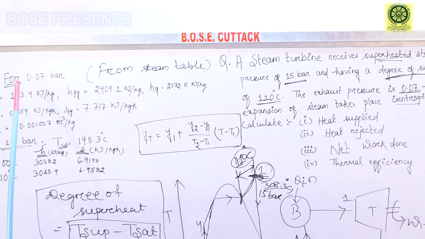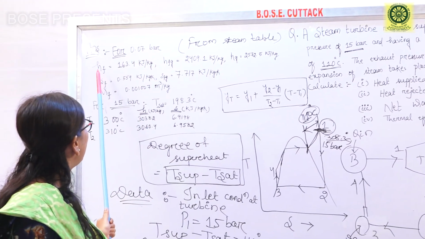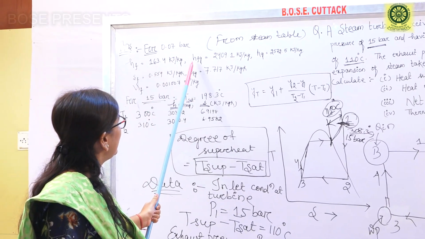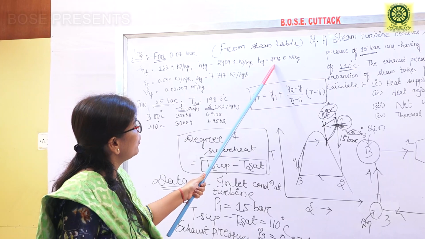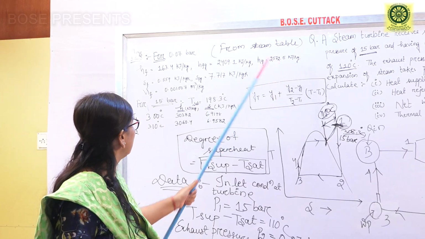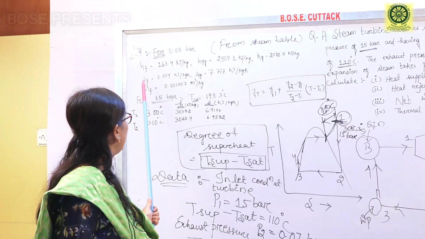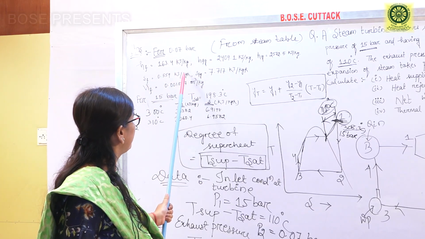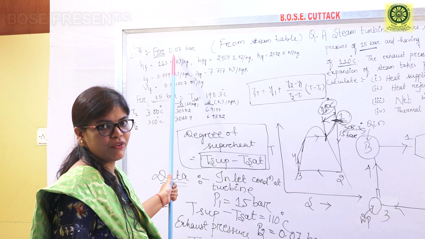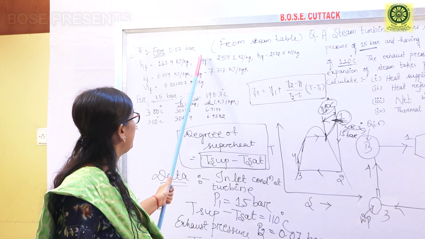For 0.07 bar pressure HF is 163.4, HFG is 2091 and HG is 2572.5 kilojoule per kg, and similarly I have written down SF, SFG, VF for 0.07 bar pressure.